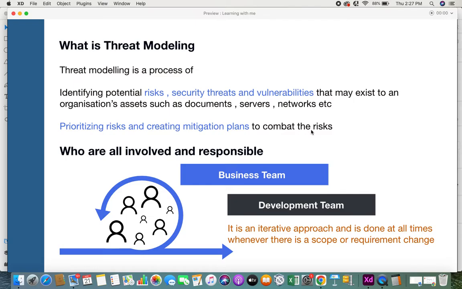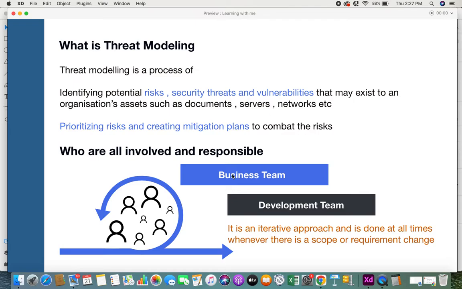Now, if you're wondering who is involved and responsible for this threat modeling, I would say everyone in the organization, no matter what role you are in, whether you're a business analyst, a developer, a DB admin, or a quality analyst. Whoever you may be, you would be falling into categories: either the business side or the development team. Whichever category you belong to, it's very essential that you look into security.